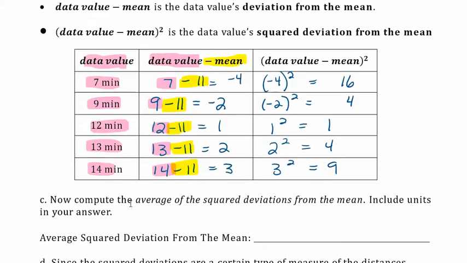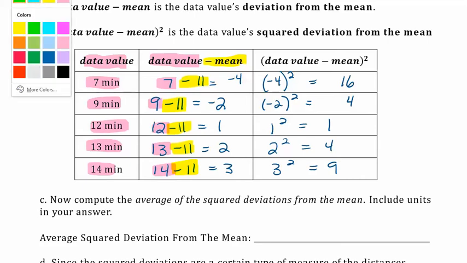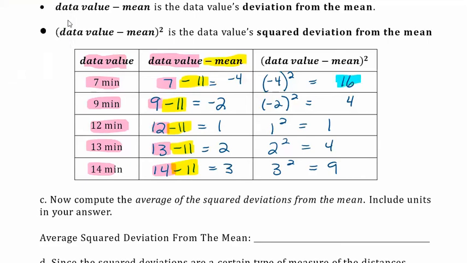So now what we're going to do is compute the average of the squared deviations from the mean. That sounds tough, but basically all we are going to do is compute the average of what's in our last column. These values here are the squared deviations from the mean.